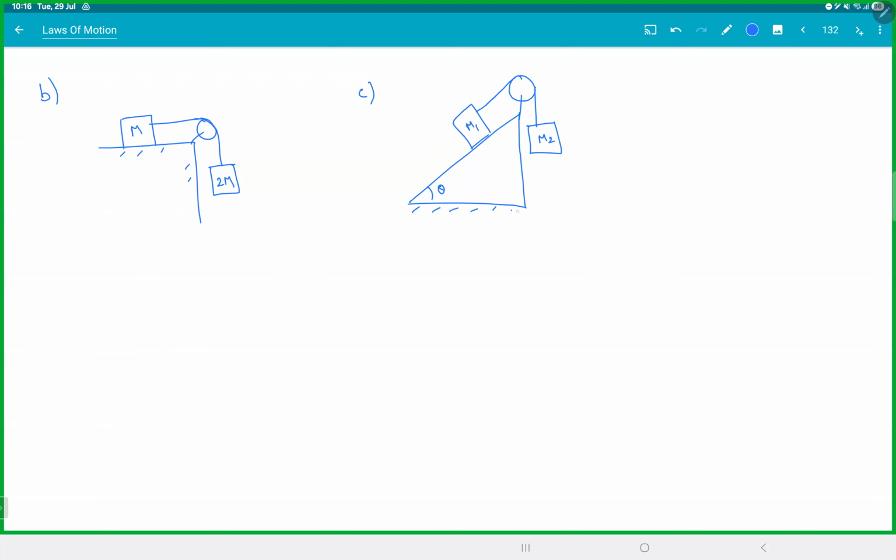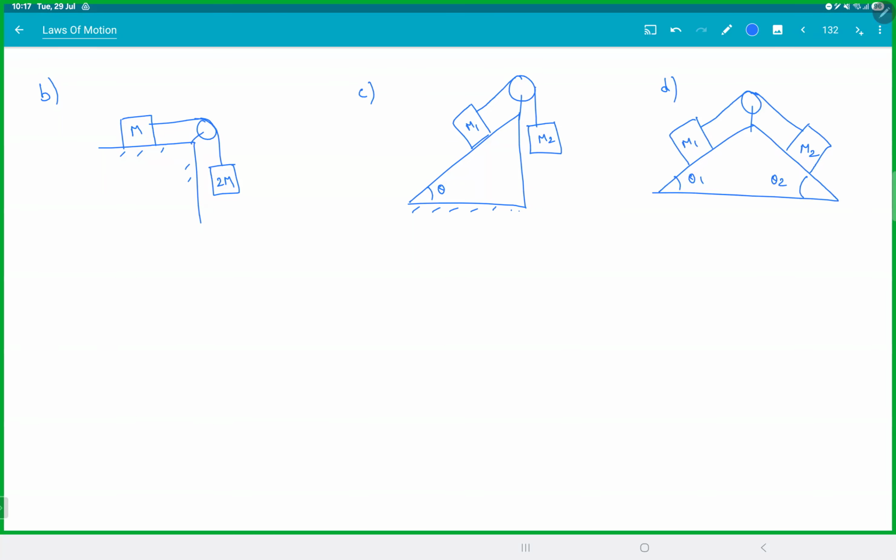Wedges are fixed and all surfaces are smooth. Find the acceleration of the blocks.